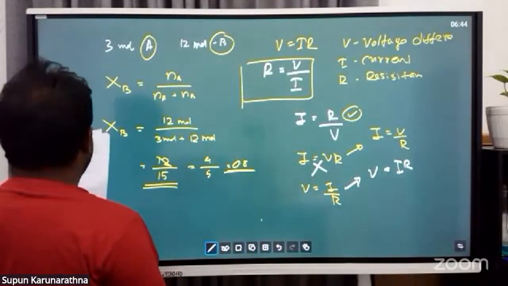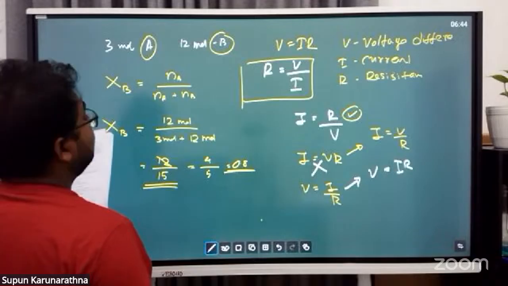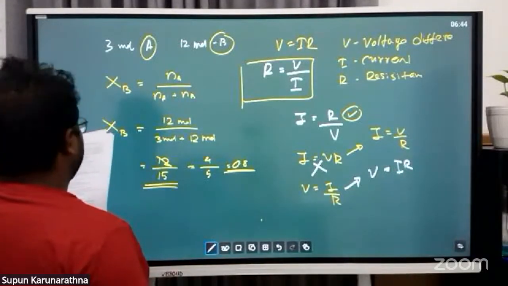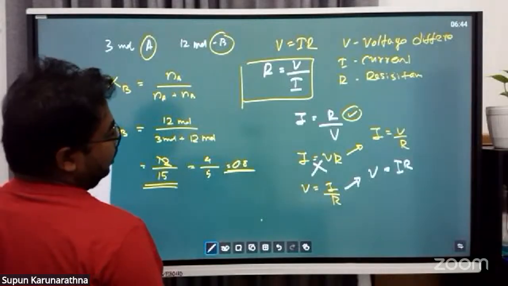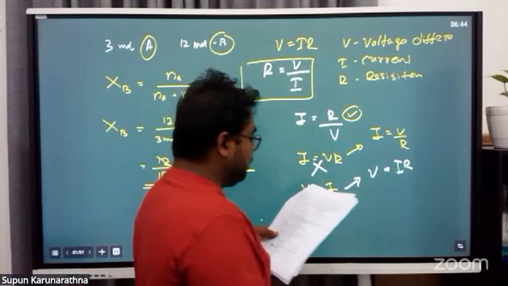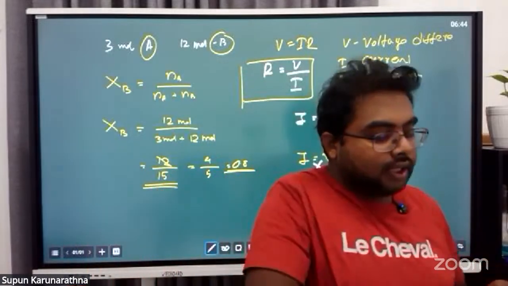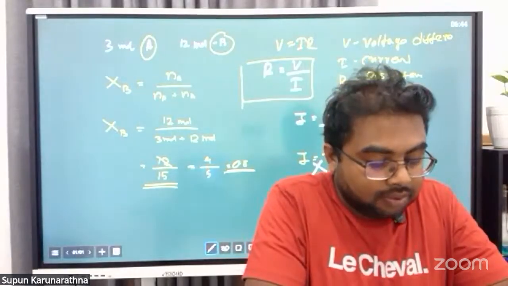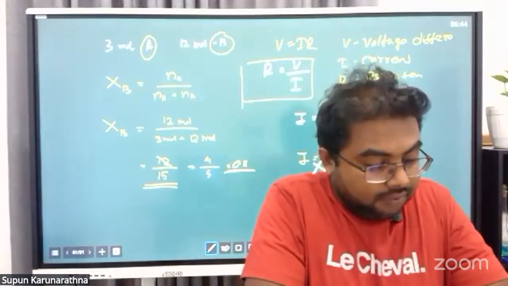So the third one is also wrong. The fourth one, V equals IR, is our normal Ohm law equation. So the question asks which equation can be used to find the resistance according to the Ohm law? The fourth one, V equals IR.